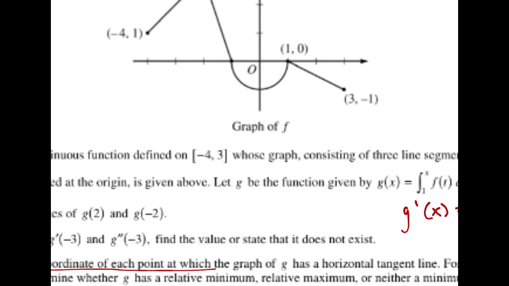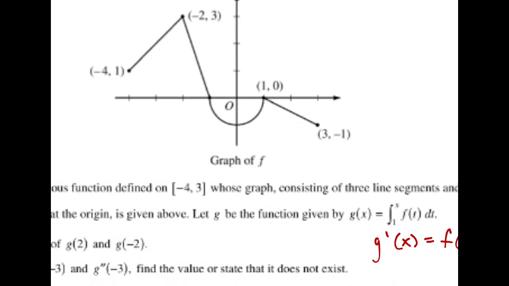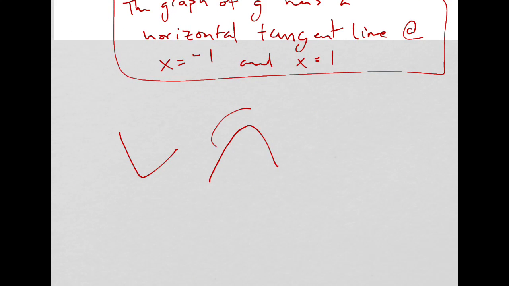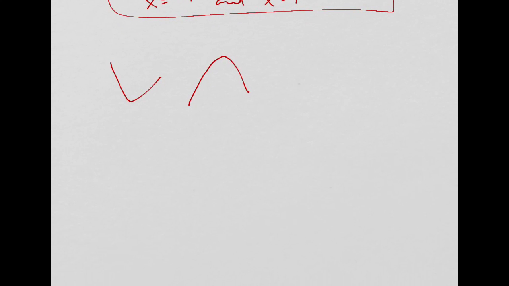At x equals -1, right there, f goes from positive to negative. So positive to negative, that's a relative maximum, isn't it? So again, I would write a sentence.